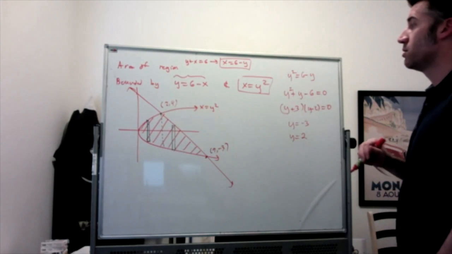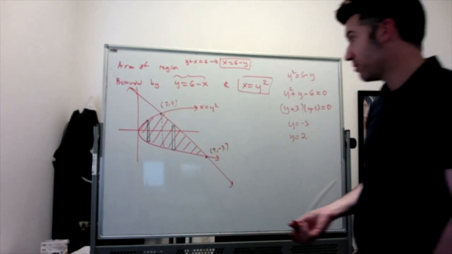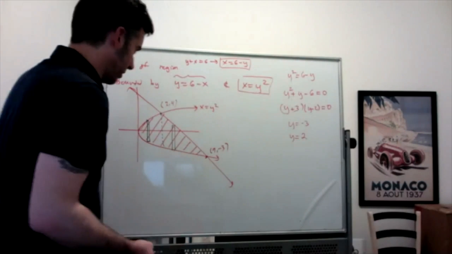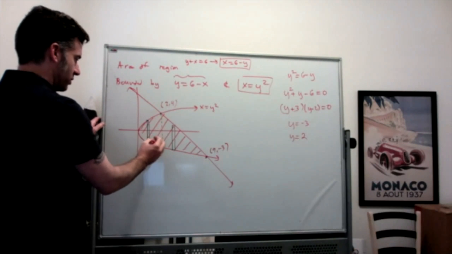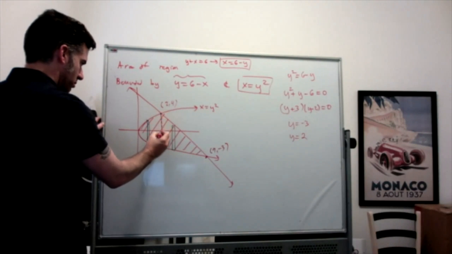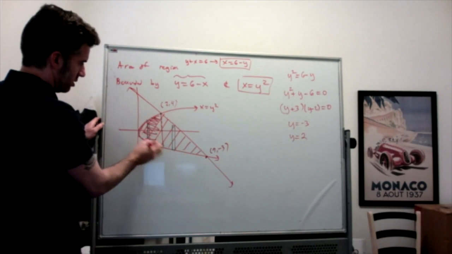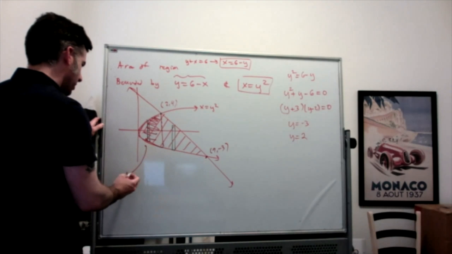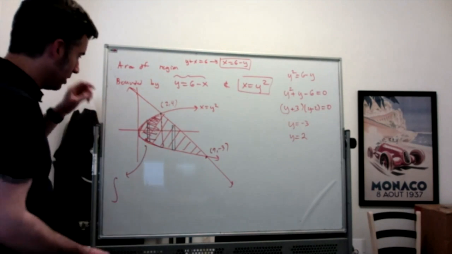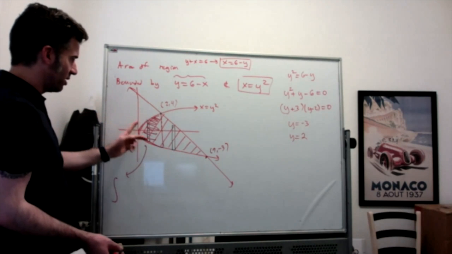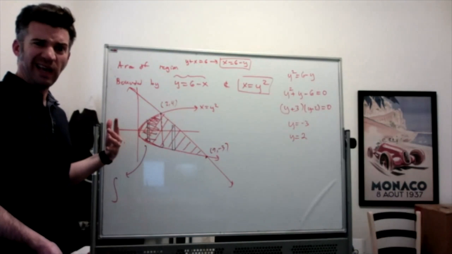Okay. So one way to set this up using vertical rectangles, I would do this region here. So this first region, that's going to be the integral from, well, let's actually do the integrand part first. So the top function minus the bottom function. The top function and the bottom function are the same.